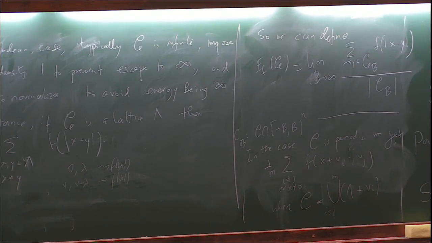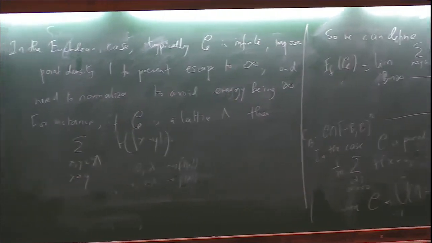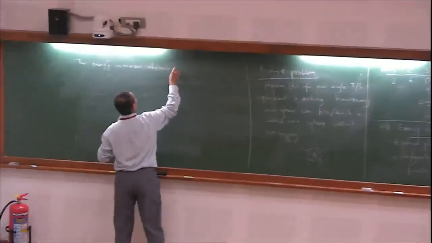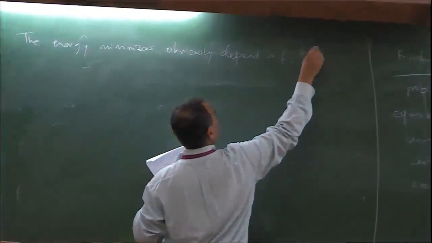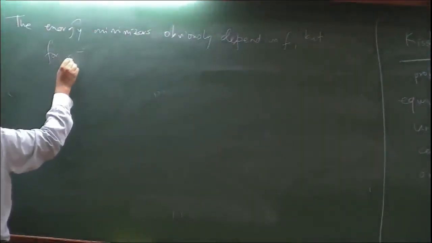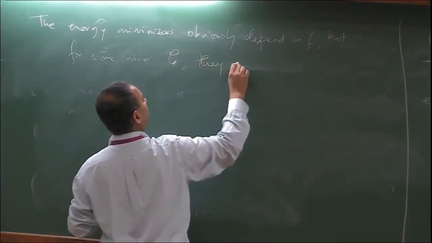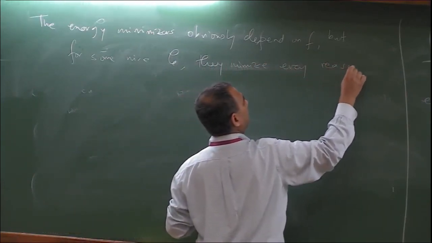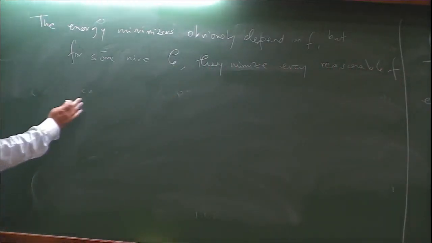So minimizers obviously depend on f, but for some nice C, they minimize every reasonable f, where I haven't defined reasonable, but we'll get to that.